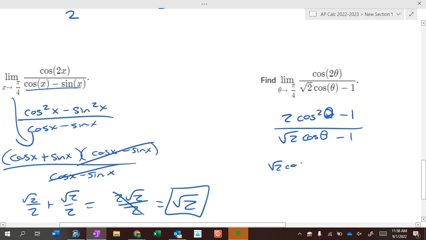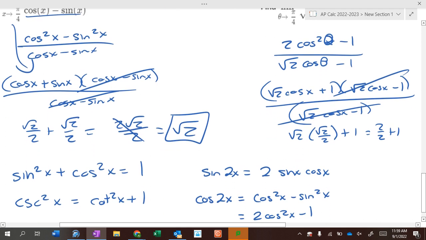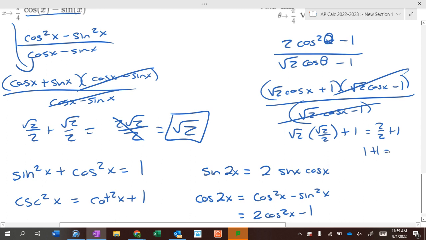Square root 2 cosine of x plus 1 times square root 2 cosine of x minus 1. Boom, boom. Stick in pi over 4. Cosine of pi over 4 is square root 2 over 2. So it's square root 2 times square root 2 over 2 plus 1, which is 2 over 2, which is 1 plus 1, which is 2.